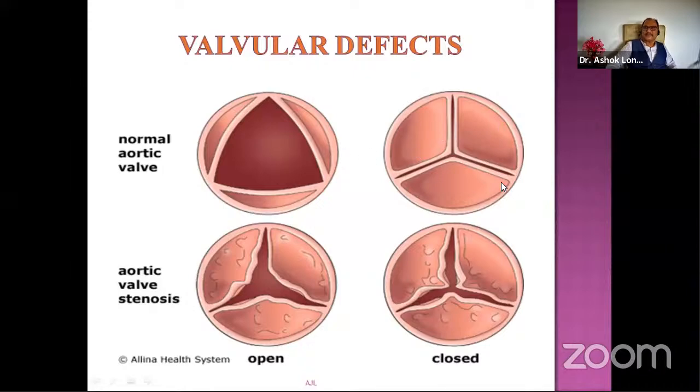What happens? This is closed. It is completely closed. All the borders are approximated correctly. But here you see this is the area which remains open. Now what will happen? Definitely the function of the wall is hampered. It is supposed to close, but it remains open. So what will happen?